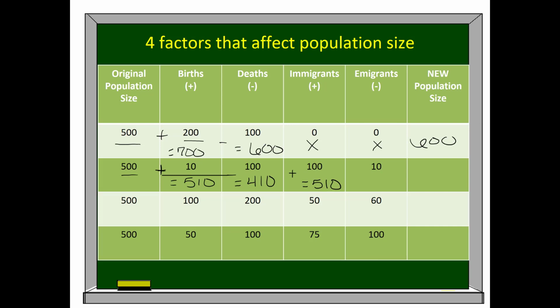And then we have 10 that emigrate, 10 that leave. So minus 10 puts us at 500. Our final population is still 500, what we actually started with, despite all of those different changes. Okay, go ahead and fill out those last two populations on your own and pay attention to whether you are adding or subtracting based on the category of emigration, immigration, birth, or death.